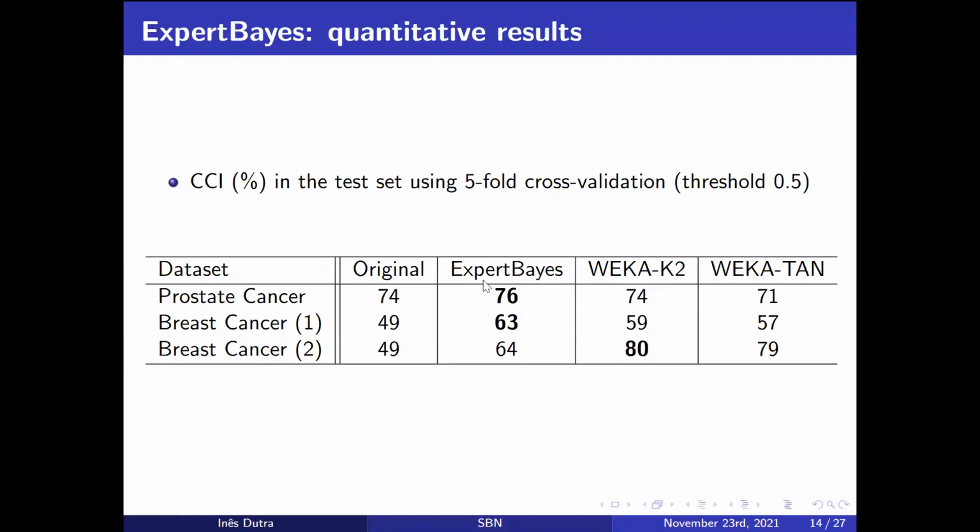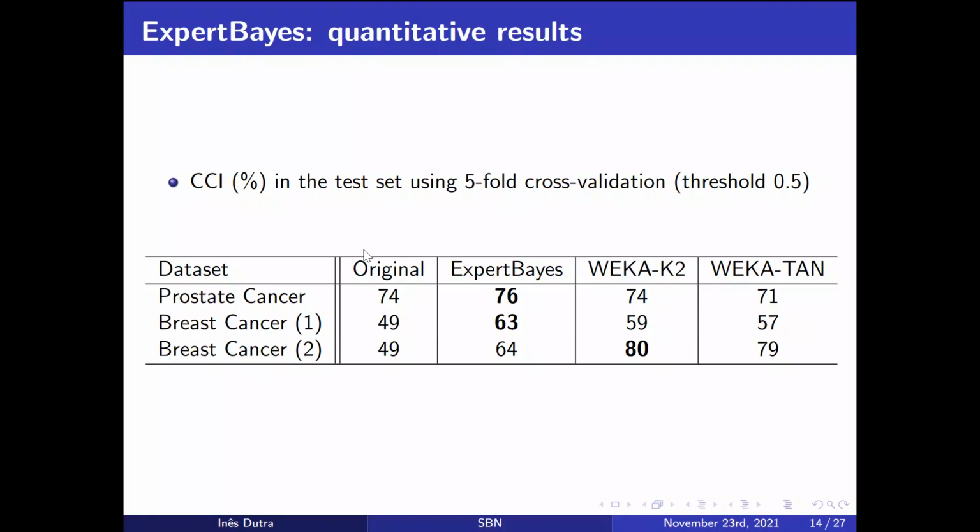So I have here some quantitative results for ExpertBayes. This is the correctly classified instances accuracy in the test set using 5-fold cross-validation, taken for a threshold of 0.5. I have precision recall curves for this data, but they don't seem to be very good for some points, so that's why I didn't put them here.